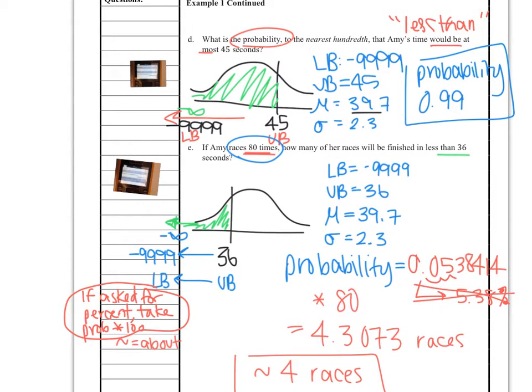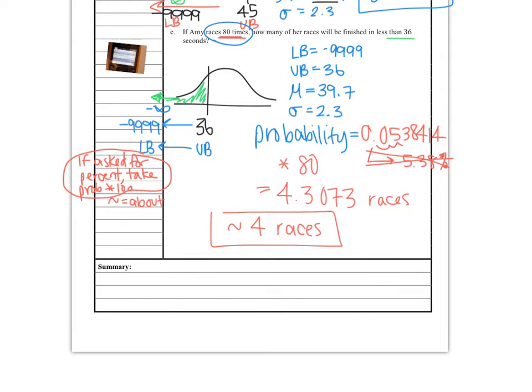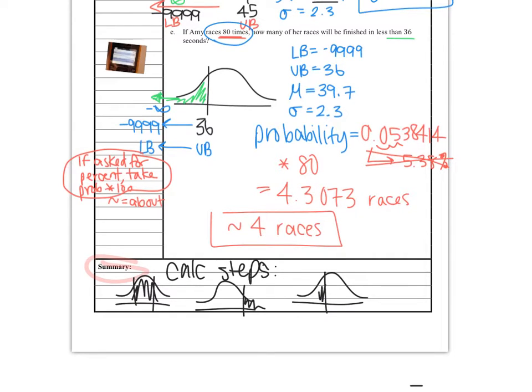The last thing I'm going to ask that you do is write your summary with some important information that you learned today. So those things could be like the calculator steps. What do you have to hit in the calculator? It could be drawing your pictures with between and whatever shading to the right means and whatever shading to the left means in terms of the wording that you would see.